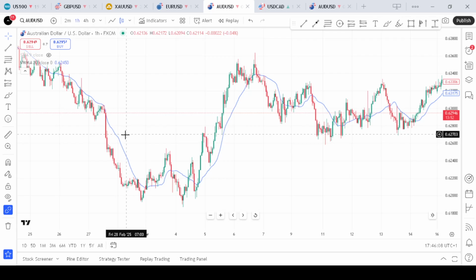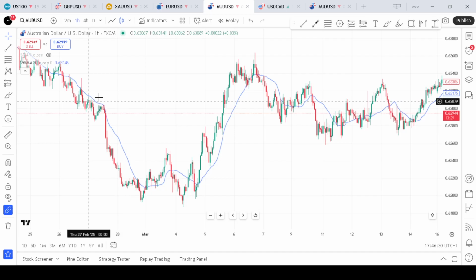The idea is very straightforward. In an uptrend, the VWMA acts as a support, while in a downtrend, it acts as a resistance. This is how you can use it. By aligning your trades with the prevailing trend, you can improve your decision making.